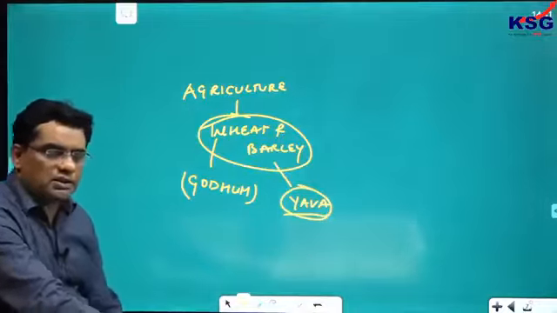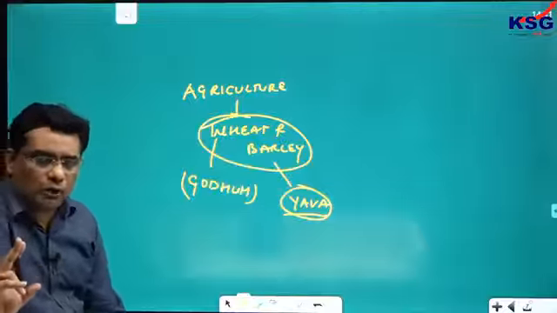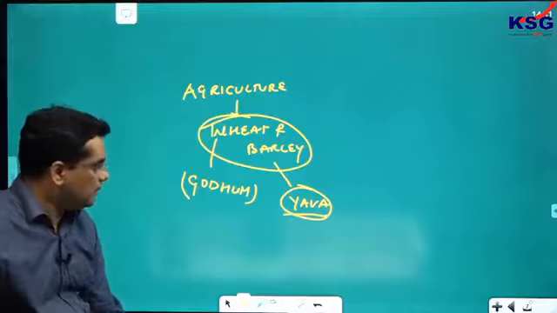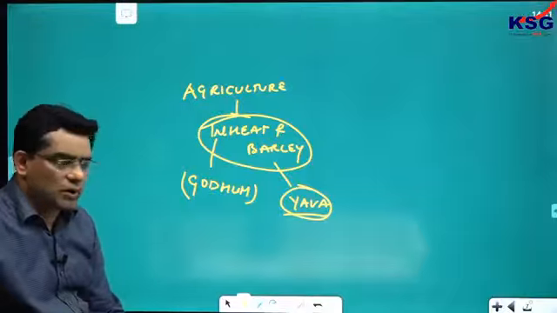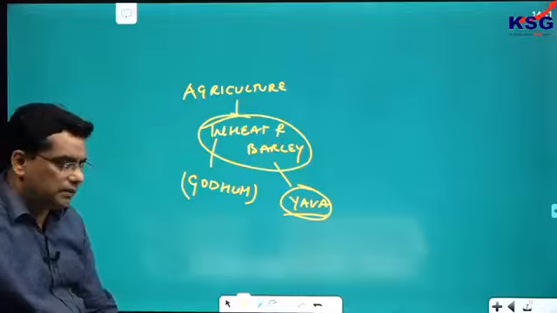So in the cropping system, they only knew two crops, wheat and barley, Godhum and Yava.